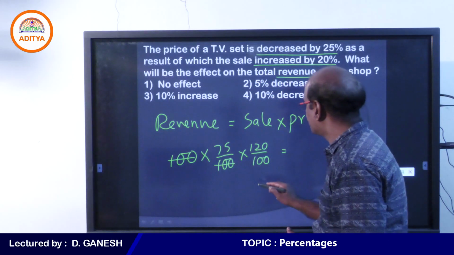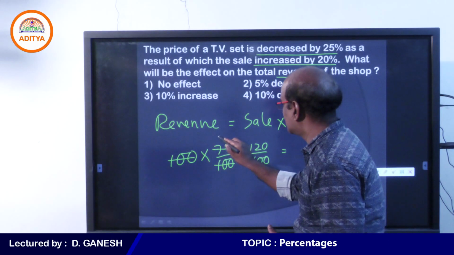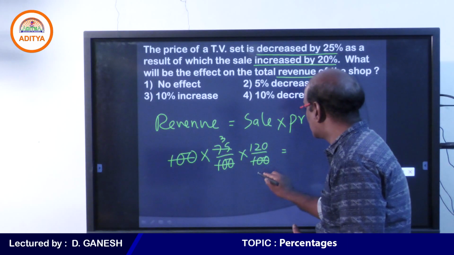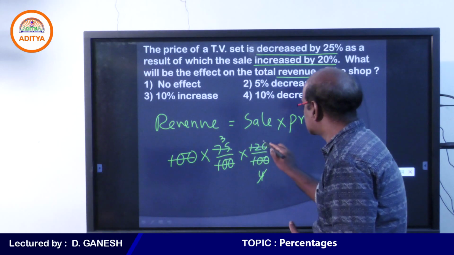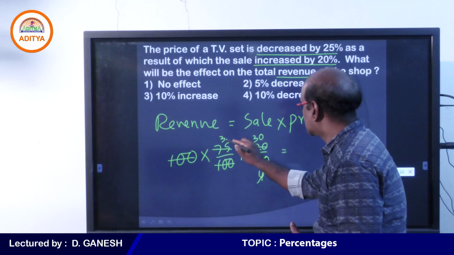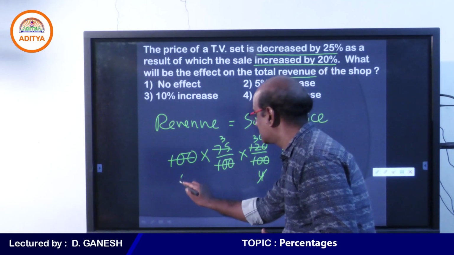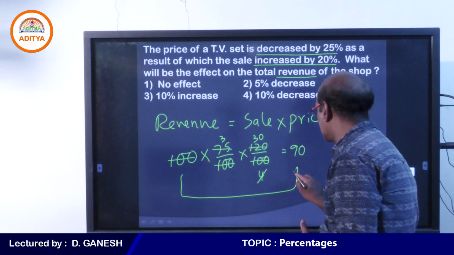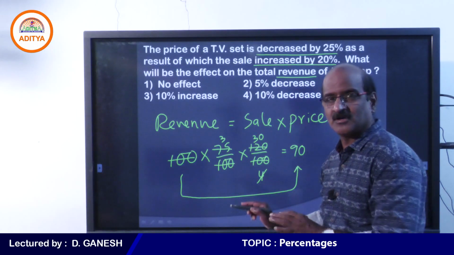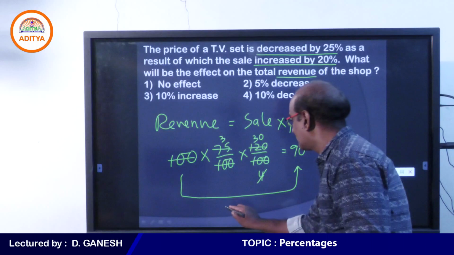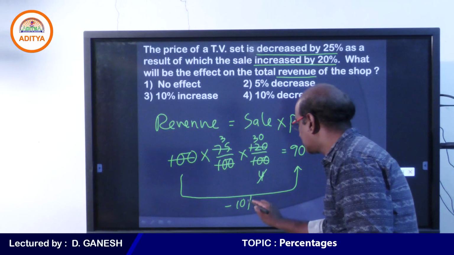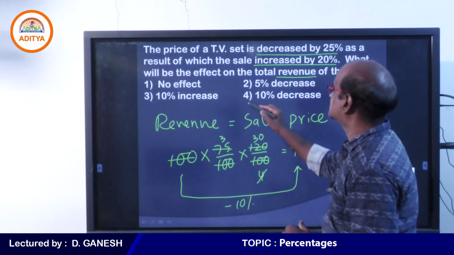100 gets cancelled, 25 3 times, 25 4 times, 4 cancels for 30 times, 3 into 30 is 90. We started revenue with 100, and we can see that it comes down to 90. Therefore, revenue decreases by 10%.